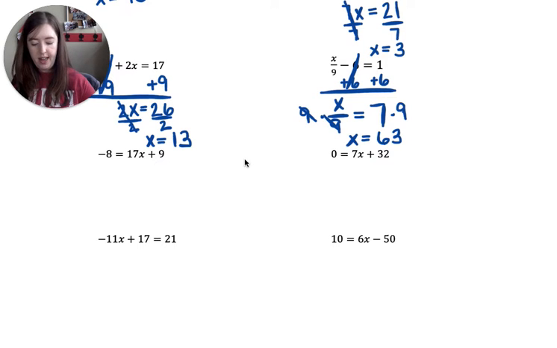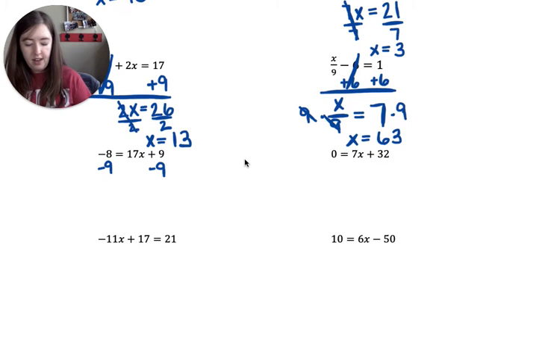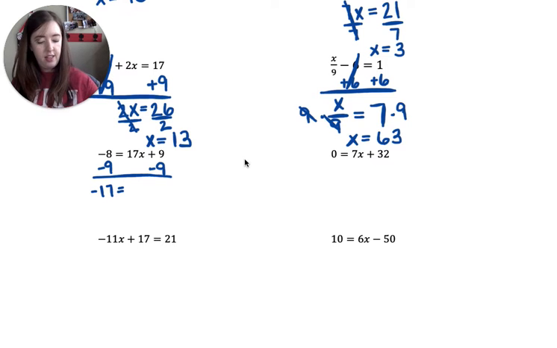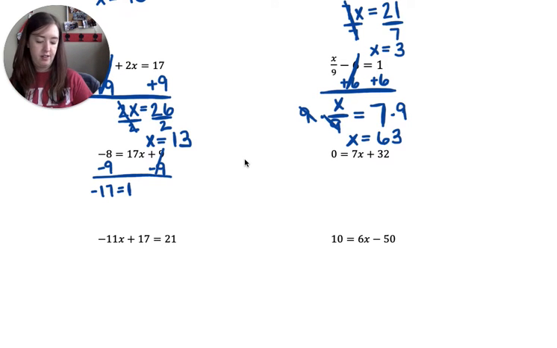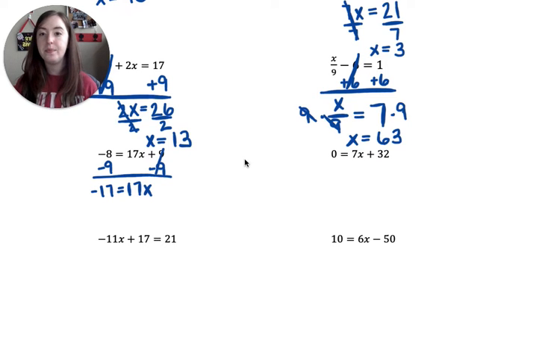So I'm going to go ahead and get rid of that 9 and bring him to the other side. Since I'm adding 9, I'm going to have to subtract 9 on both sides to get rid of him. So negative 8 minus 9 is negative 17 equals. These 9's add to 0. So 17x plus 0 is 17x.